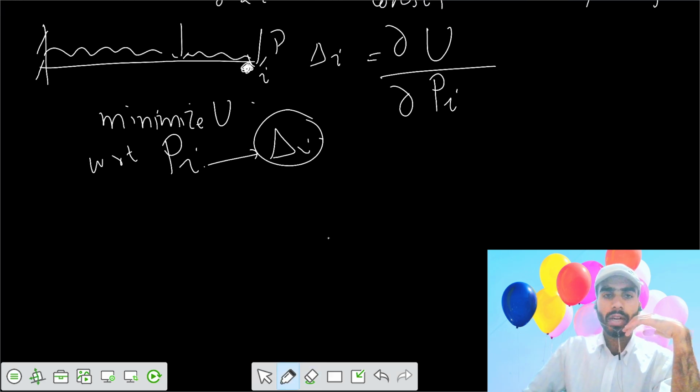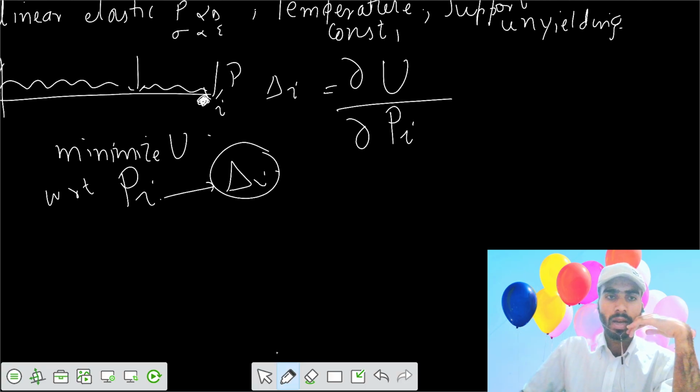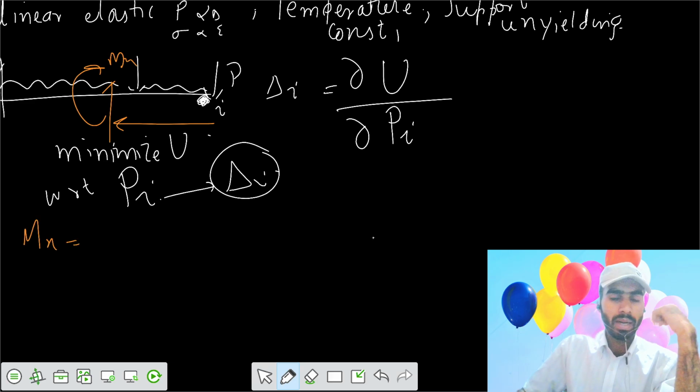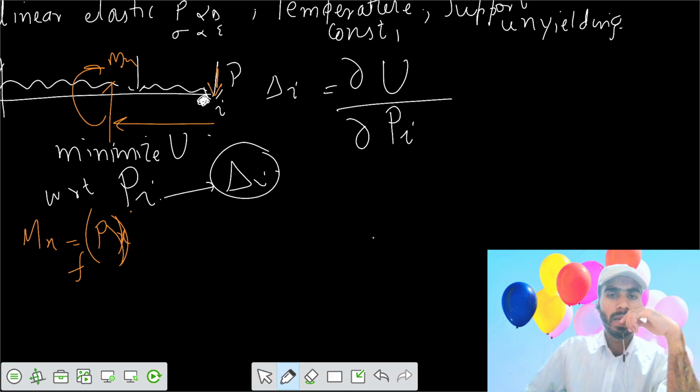By knowing the strain energy at any location x, there is some moment Mx, which is a function of load P. So what is the strain energy?